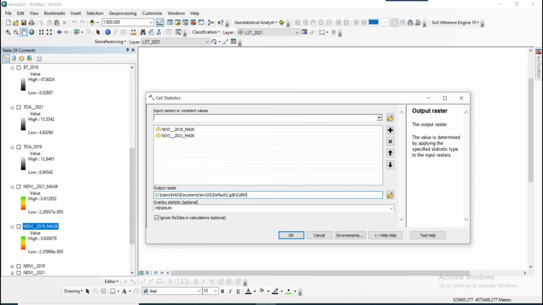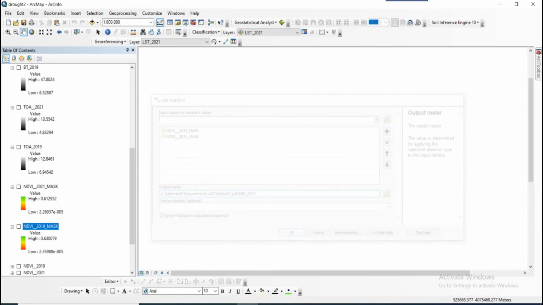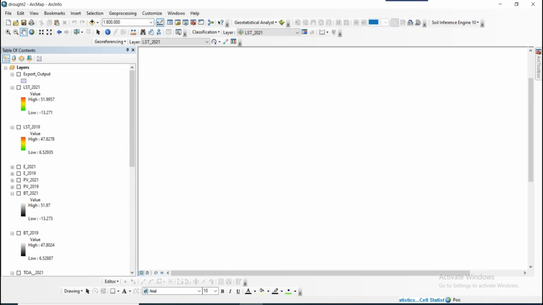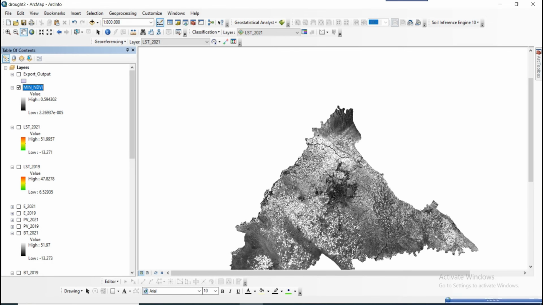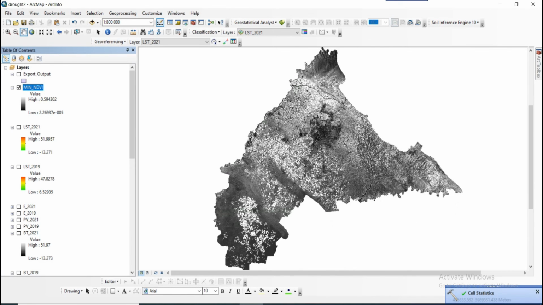So we will name it minimum NDVI, and OK. Now it will calculate the minimum value depending on these two images, and of course if you have 10, 20, as many as you have, you should calculate in the same way.